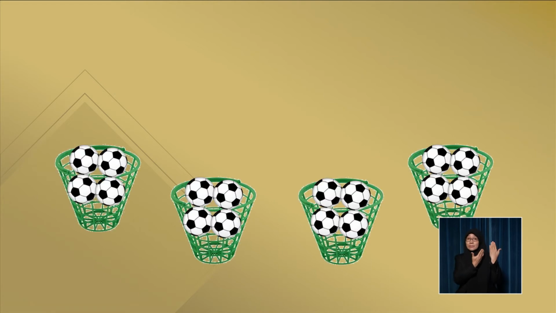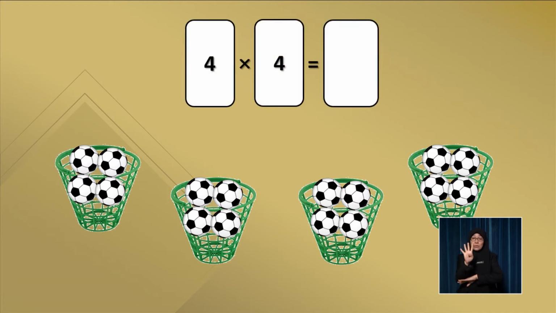Now, let's practice using these balls in the picture given. There are 4 baskets of balls. There are 4 balls in each basket. How should we write this? You're right. Let's write 4 times 4. How many balls do we have all together?